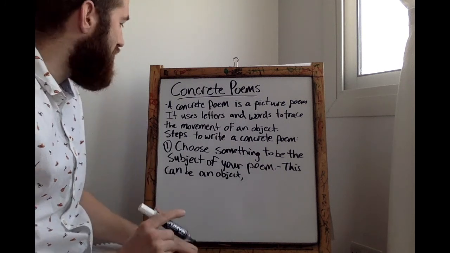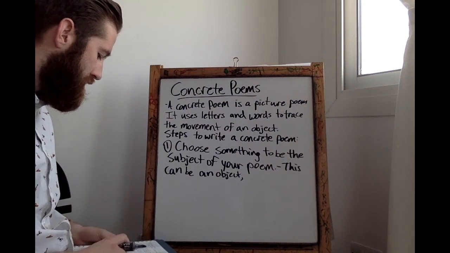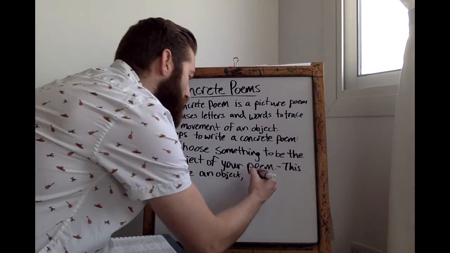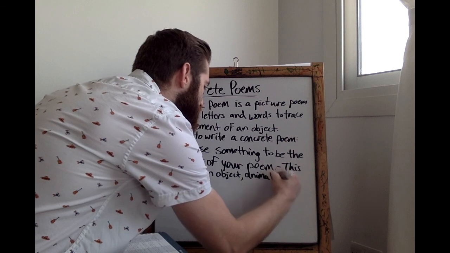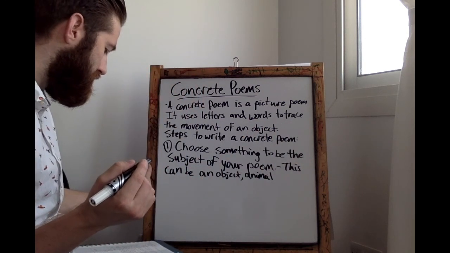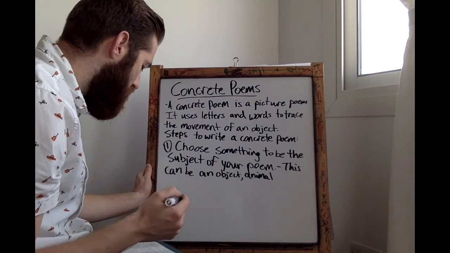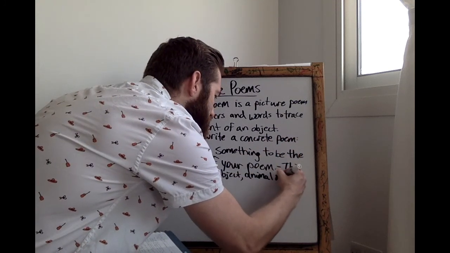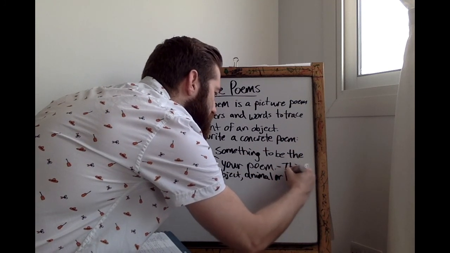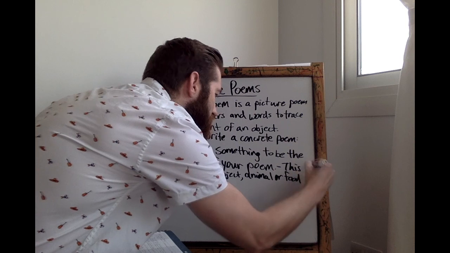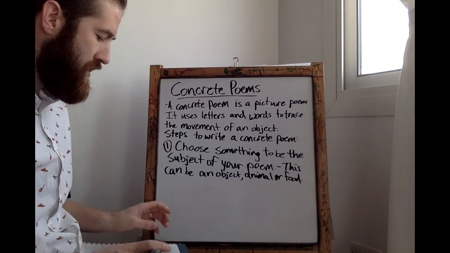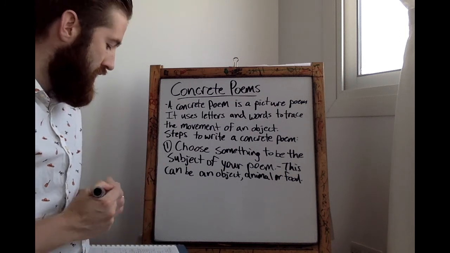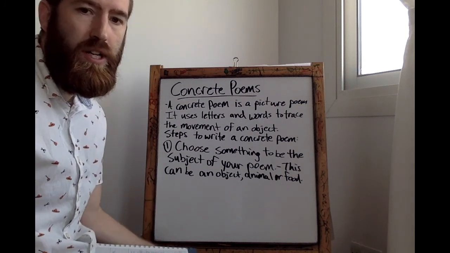Okay, lots of objects you can choose. Or an animal. Or even food. Okay, so lots of different things there. Okay, we will move on to step 2.